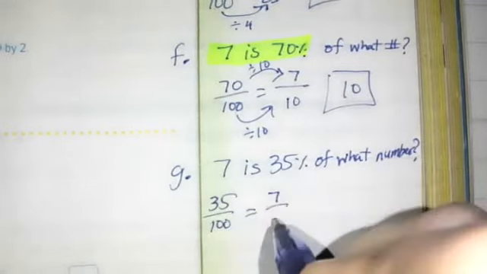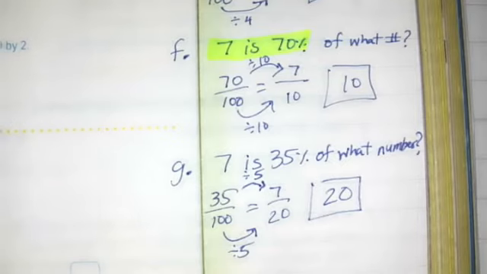And again, I want to go from 100 to my new denominator. So I look in my numerator to see what the pattern is. To get from 35 to 7, I needed to divide by 5. So to get from 100 to my answer, I need to divide by 5. And 100 divided by 5 is 20. So 7 is 35% of 20.